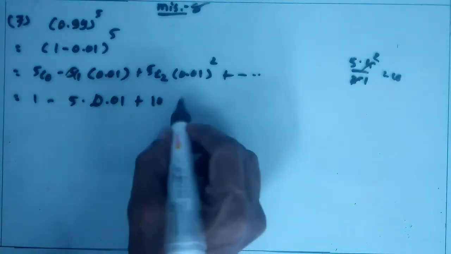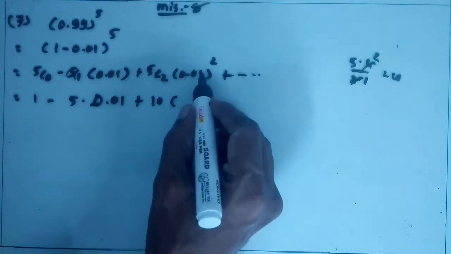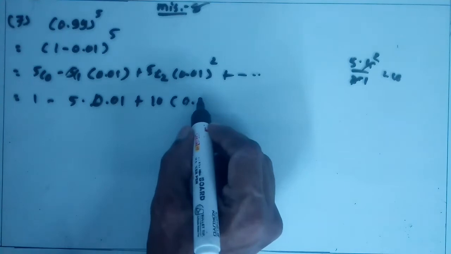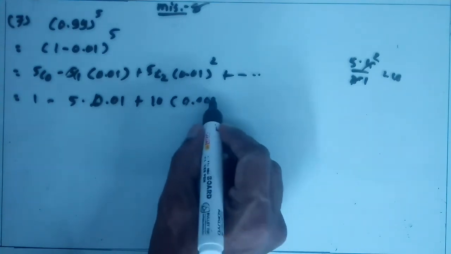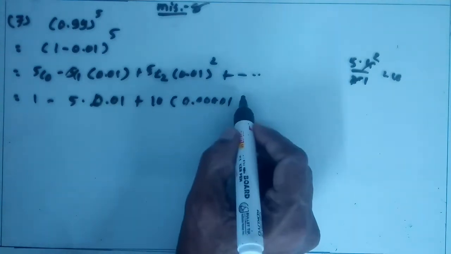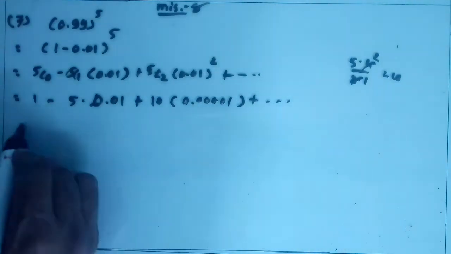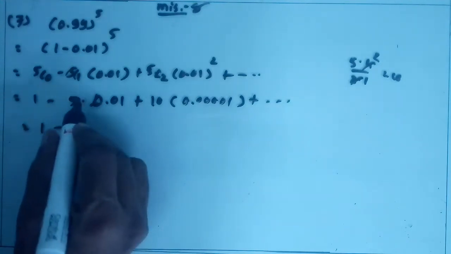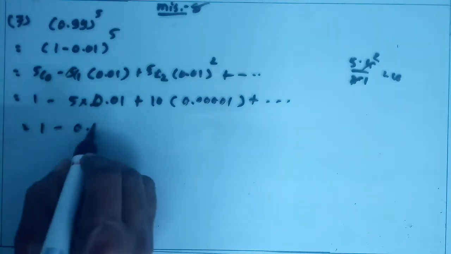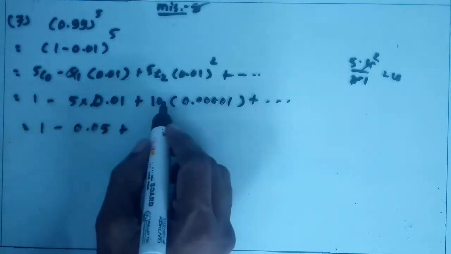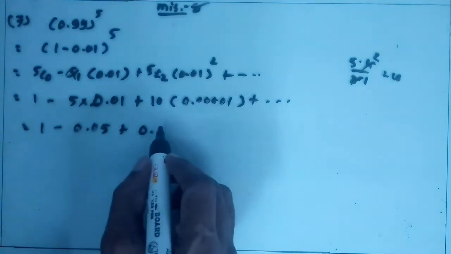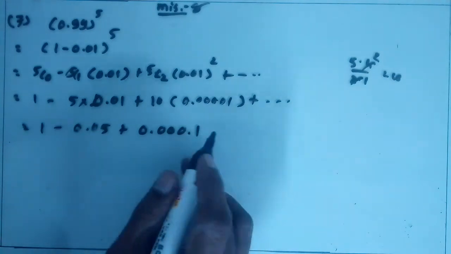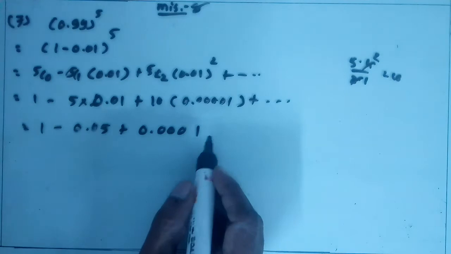So 10 into 0.01 raised to 2 becomes 0.001. Clear? Plus up to infinite. So now simplify this. 1 minus 5 into this number becomes 0.05 plus 10 into this number becomes 0.001. Okay.